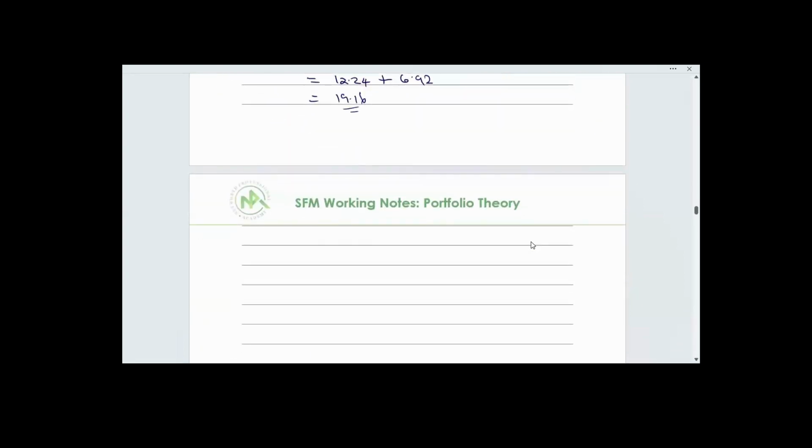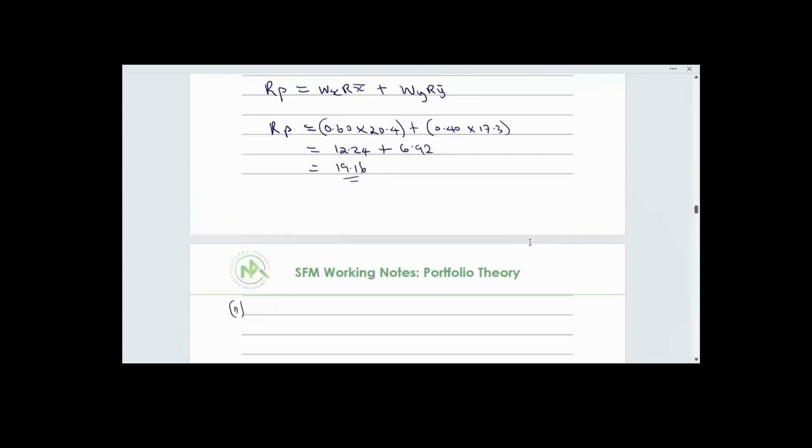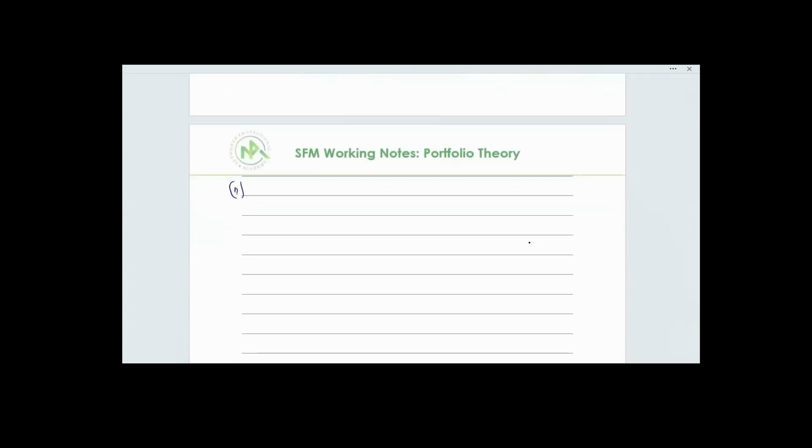Then the second part: calculating the portfolio risk as measured by standard deviation. The risk of the portfolio will be calculated using the formula method.